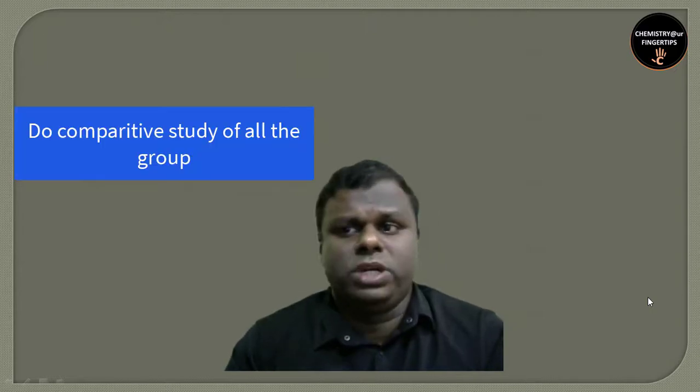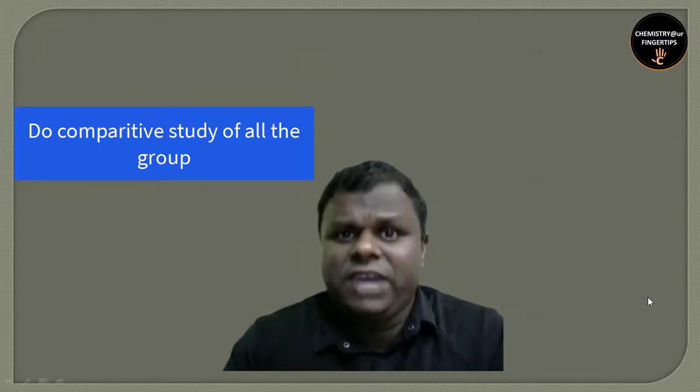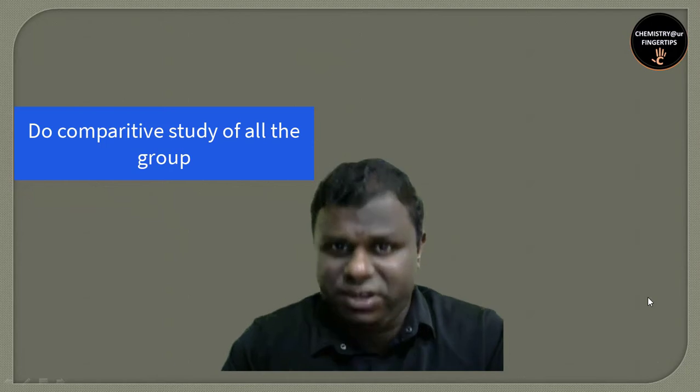So the first important suggestion that I would like to give you is that when you are studying the p block element, try to study 13, 14, 15, 16, 17, 18, all of them at a time. How are you going to do this? Study all the periodic trends, all the electronic configurations together, so that you can prepare group 13, 14, all of them simultaneously, and you also get an idea about the differences.